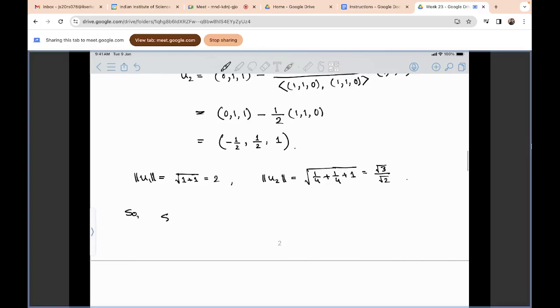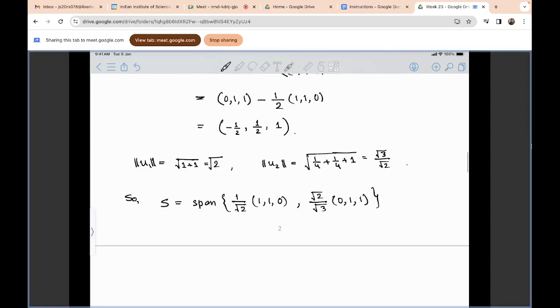So S is also the span of these two orthonormal vectors: 1 by square root 2 times (1,1,0), dividing just by the norm of that vector, and square root 2 by square root 3 times (minus half, half, 1). So S is the span of these two vectors.